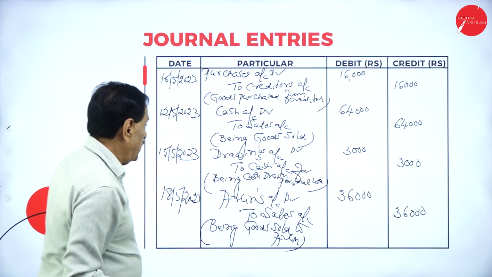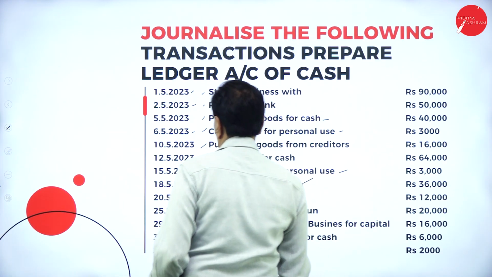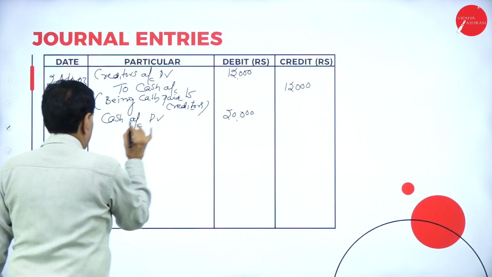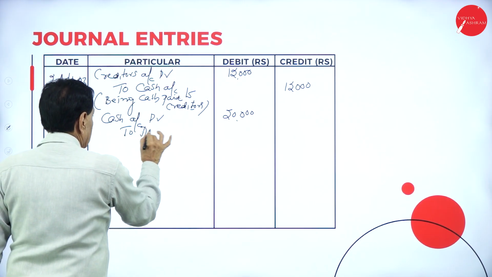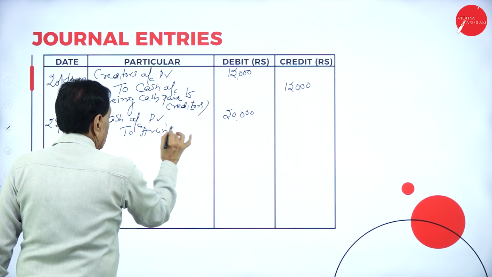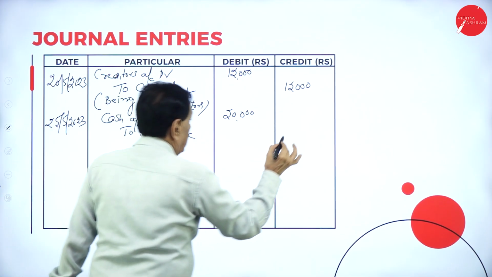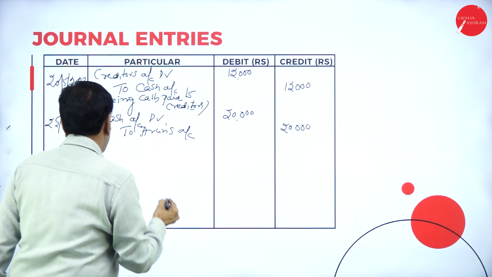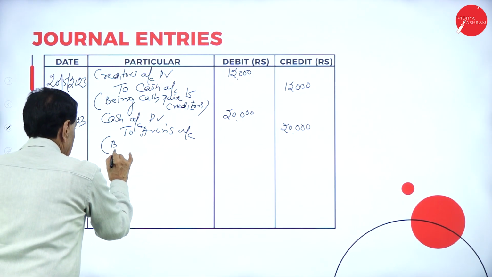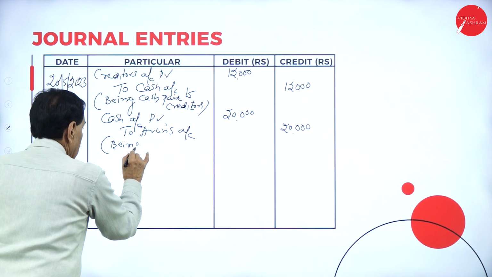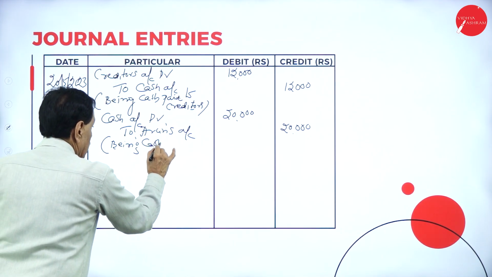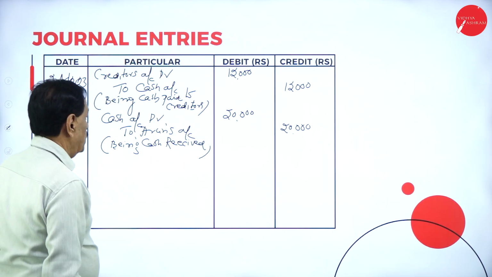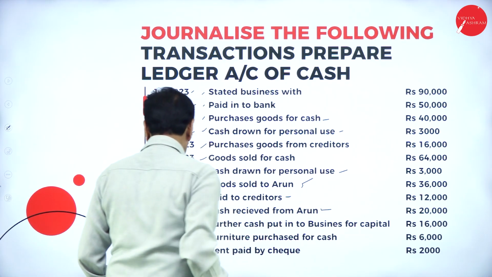How much cash received? 20,000, to Arun account, 20,000, being cash received. This is on the 25th. Over.